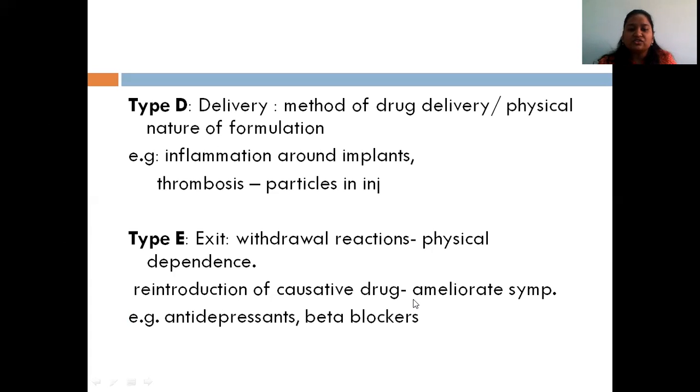The reintroduction of the causative drug, or symptoms produced by withdrawal, reflects a physical dependency on the drug. So if the body takes psychotic, hypertensive or diabetic drugs for a long duration of pharmacological therapy, withdrawal can cause such reactions.